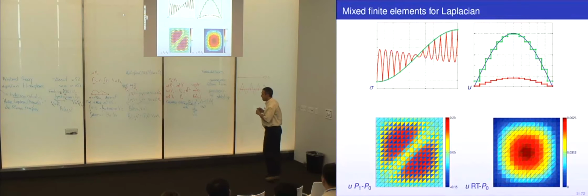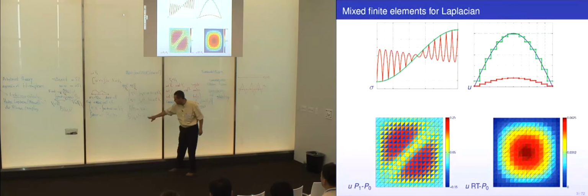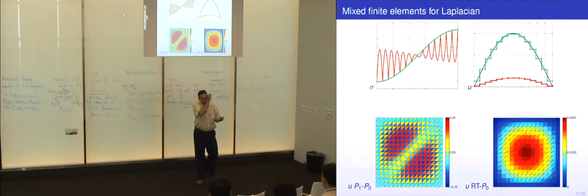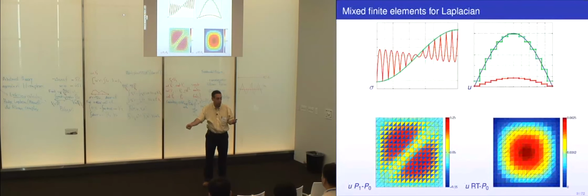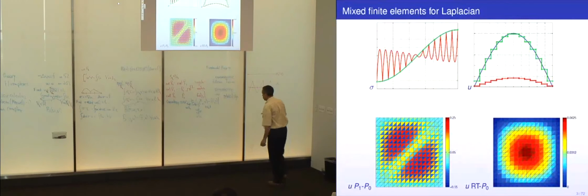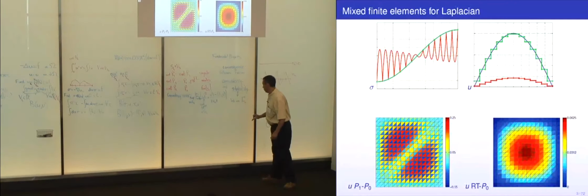Stability is the mapping from the data to the discrete solution, the mapping from f to u_h. We need, first of all, the mapping from u_h to f to be invertible, so that you can go back from data and compute u_h. And then we need that the norm of that inverse is bounded uniformly in h. So this has to do with a bound on the discrete operator inverse.